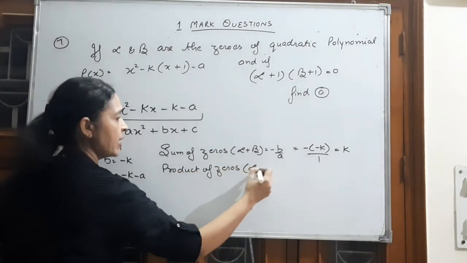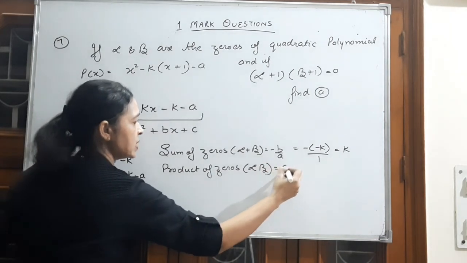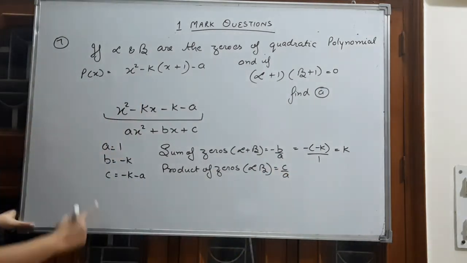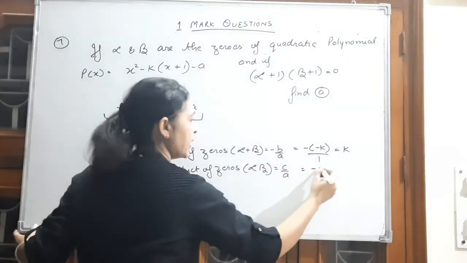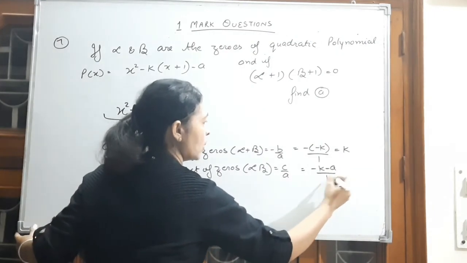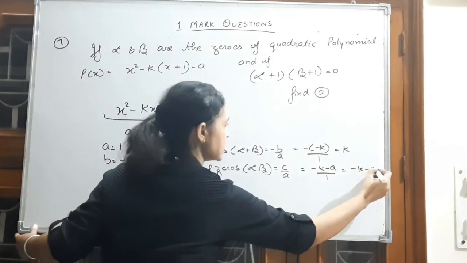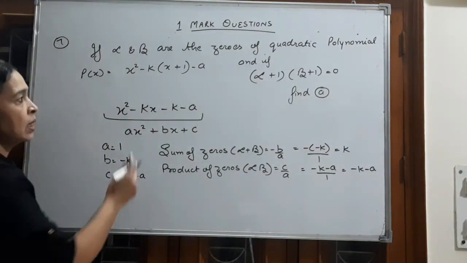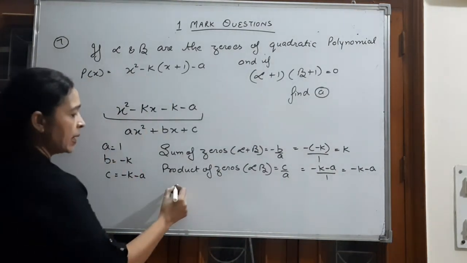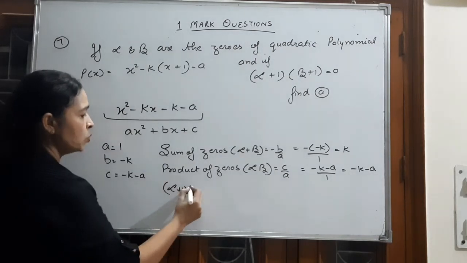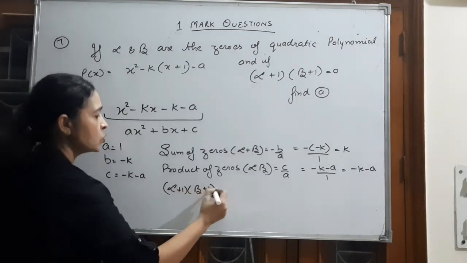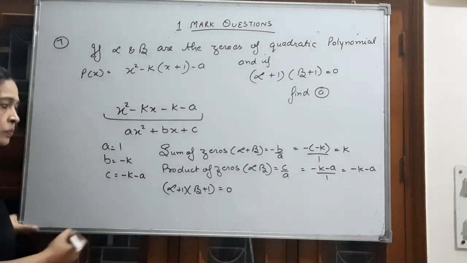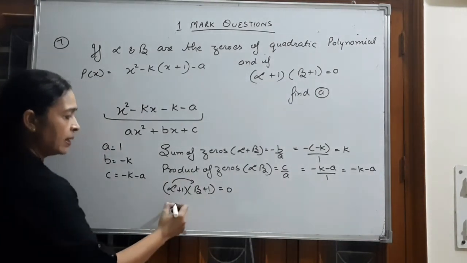Now, what is the product of zeros? Product of zeros is alpha into beta, which equals c upon a, that is minus k minus a upon 1. Minus k minus a is the product of zeros. Now, what is given? Alpha plus 1 into beta plus 1 equals 0.